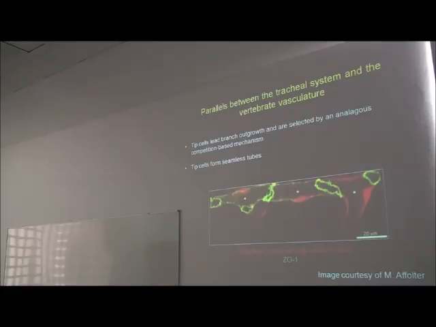This is very similar to what happens during sprouting angiogenesis in the vascular system, but with VEGF and VEGF receptor rather than FGF. And last, the tip cells that in Drosophila go on to become fusion cells or terminal cells and make seamless tubes, in the vertebrate vascular system also make seamless tubes. And this is 3 seamless tubes in the zebrafish vascular system.